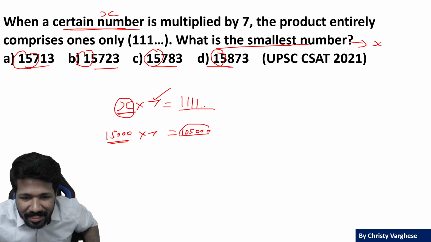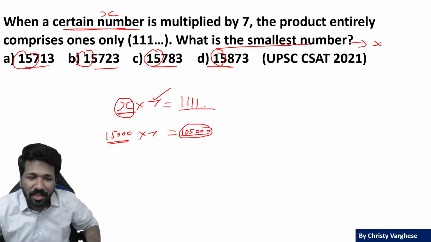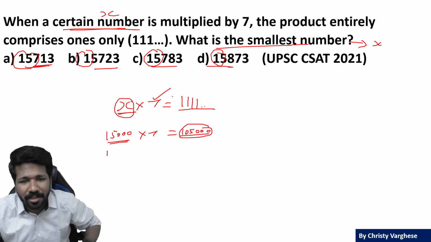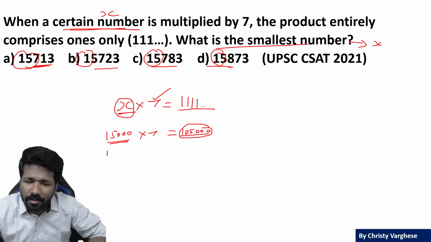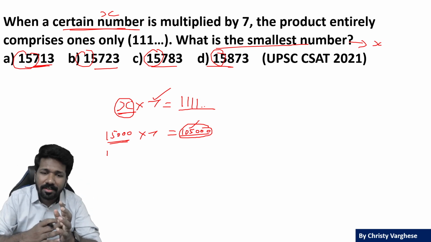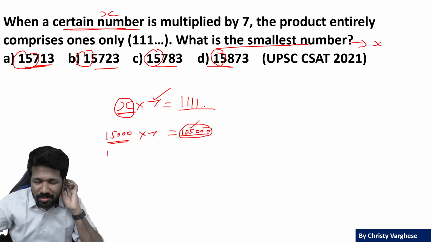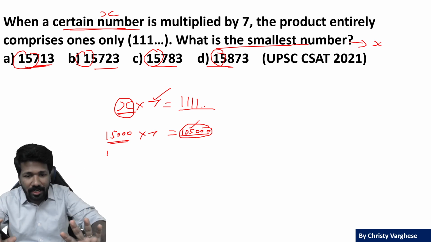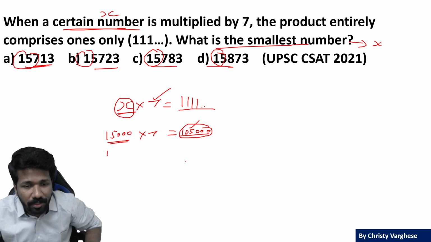That is a 6-digit number, na? So instead of 15,000 into 7, if it is 15,713 into 7 also, that will be a little more than 105,000. Little more than means it will not be like 200,000. Are you getting the point? I hope all of you are understanding this. So 105,000 is 15,000 into 7.